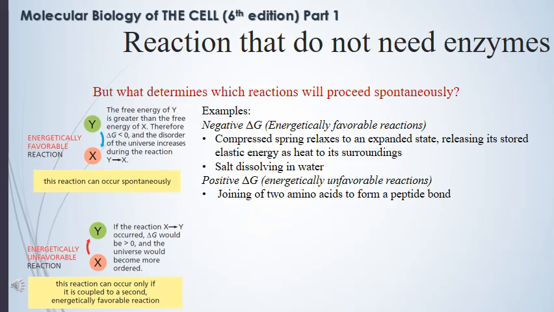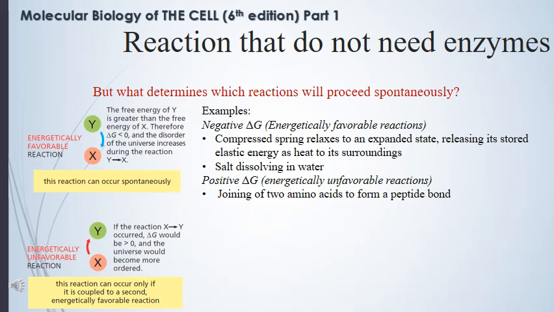It's synonymous to compressing the spring back to a compressed form. So this kind of reaction is the joining of amino acids to form a polypeptide chain. Such a reaction can only occur when it is coupled with a secondary, more energetically favorable reaction. So what does that look like?